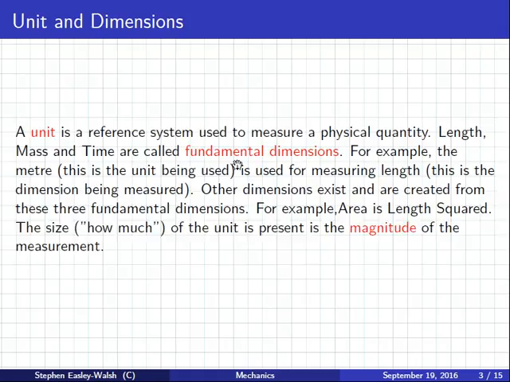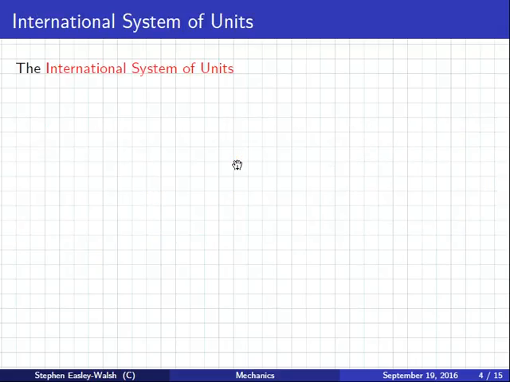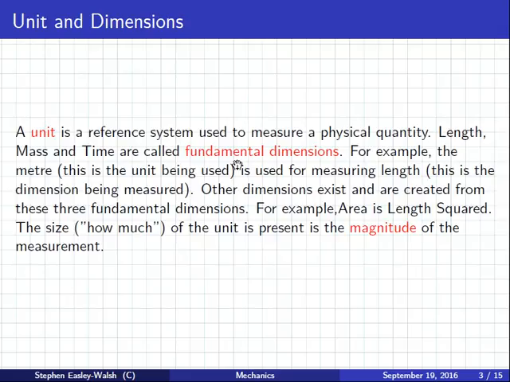Now, the size of a unit is called the magnitude. So the word magnitude just means size, how big. So if I say what is the magnitude, that just means how much. Okay, so magnitude is a noun. It just means how much.